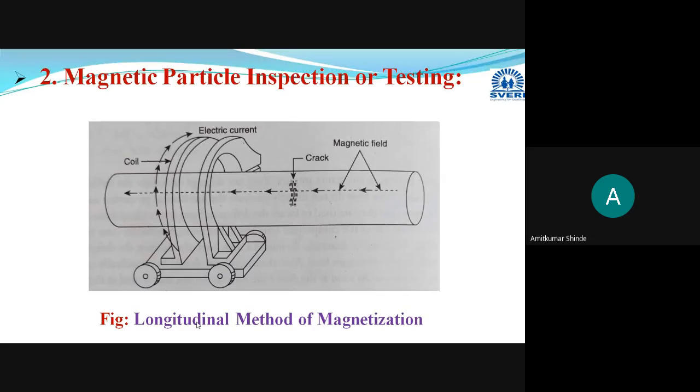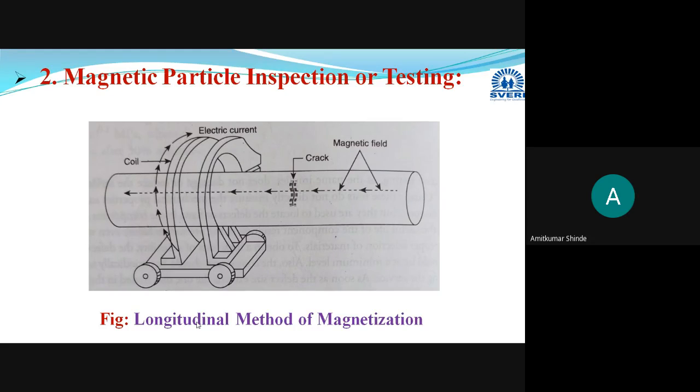Now one more basic point is related to the current. For the magnetization process, you can use either alternating current or direct current. Whenever you use alternating current, you will be able to detect only the defects present on the surface. Whenever you use direct current, magnetization of the whole component is possible.